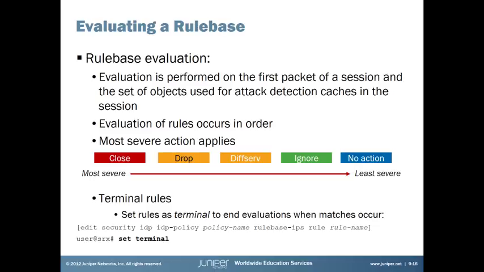What happens is each of the terms is evaluated. Even when a match is found, the subsequent terms are evaluated to see if there's anything else that traffic matches. And then once the evaluation is completed, the most severe action is taken. So it may match a number of different things, but the most severe action is taken for that traffic.